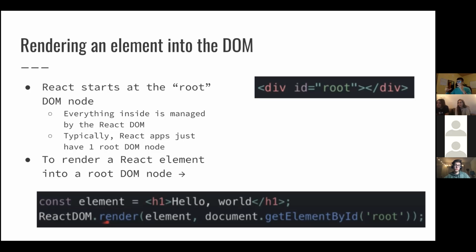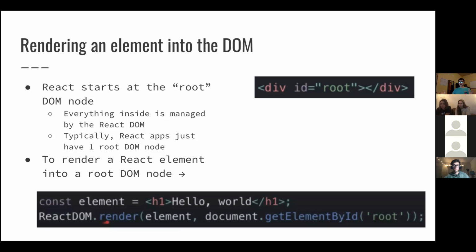Basically everything inside of that root is what React will render. This is where all the React code starts, and essentially everything in there is managed by the React DOM. For our purposes and probably for your purposes, your React apps will just have one root DOM node, so you won't have to worry about managing multiple root DOM nodes.